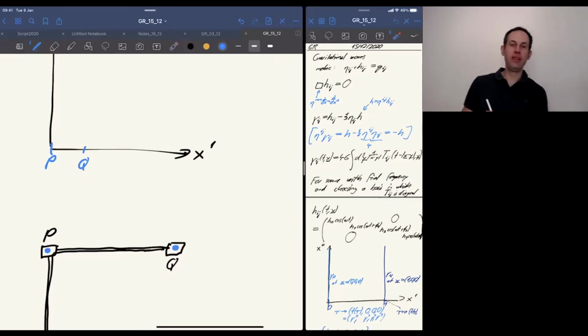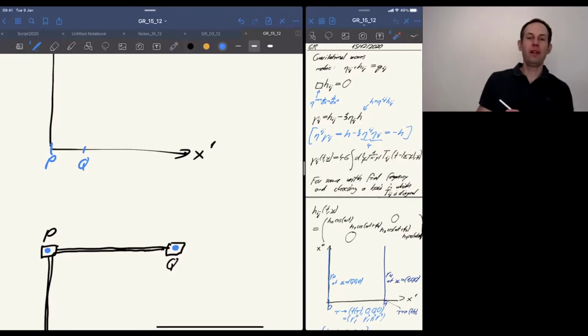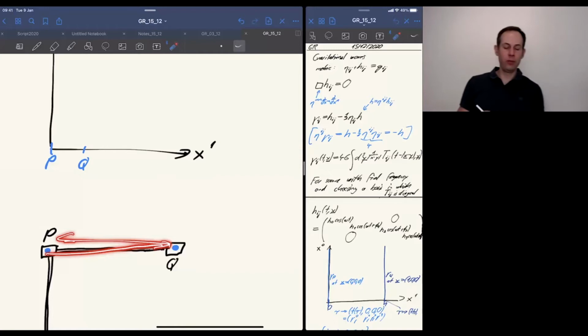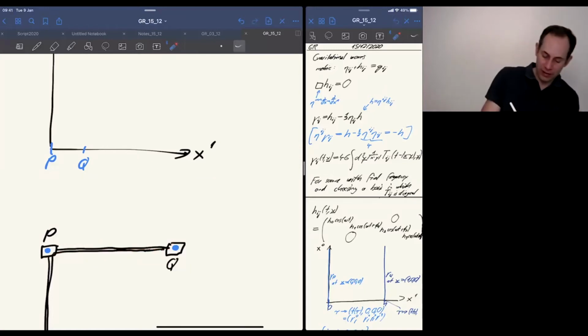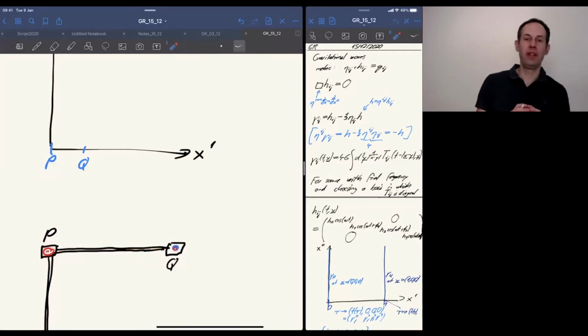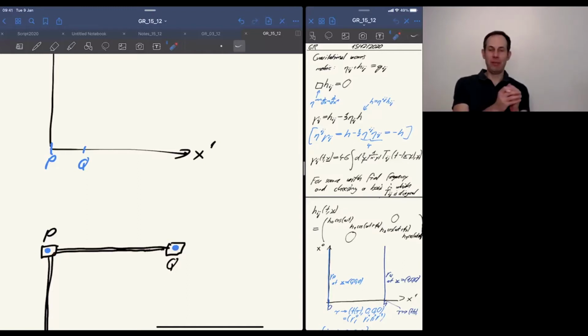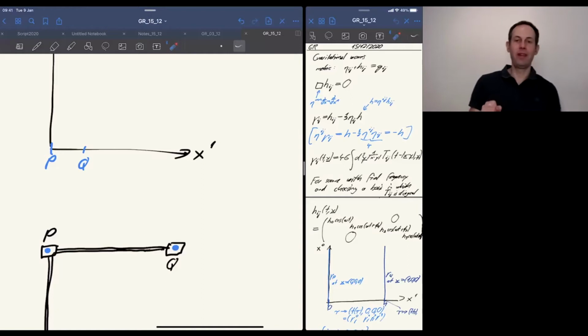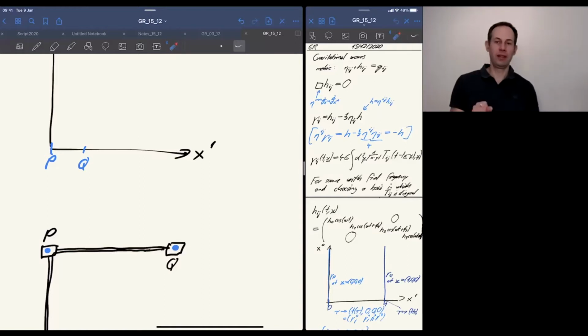Actually, these will be mirrors, which for the time that is relevant, which is very short, so the time that it takes for a light ray to pass from P to Q and backwards, let's suppose that we can assume that these points are actually freely falling. This is, of course, not the case in reality. They will be mounted somewhere or suspended somewhere, but let's just assume that for the moment.